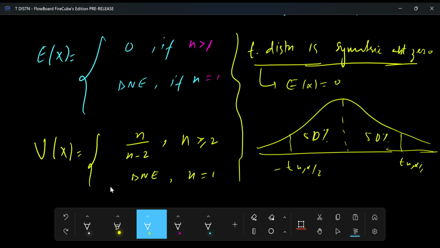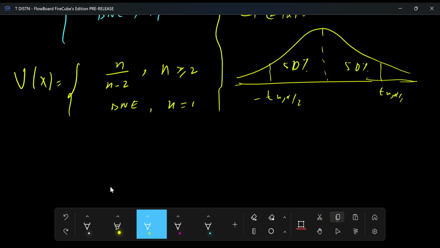Once we start the applications of t distribution, we will discuss one by one what's confidence interval, what's confidence coefficient, what's level of significance, what's critical value, what's acceptance region. Right? So this is valid.